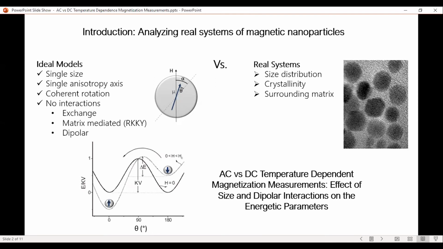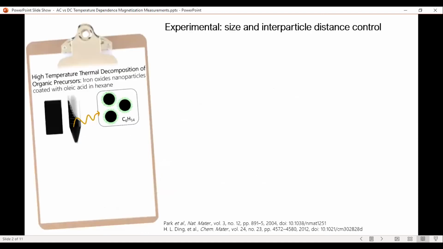There are typical measurements related to AC and DC magnetization, and I'm going to show you a little of what we did to analyze them.